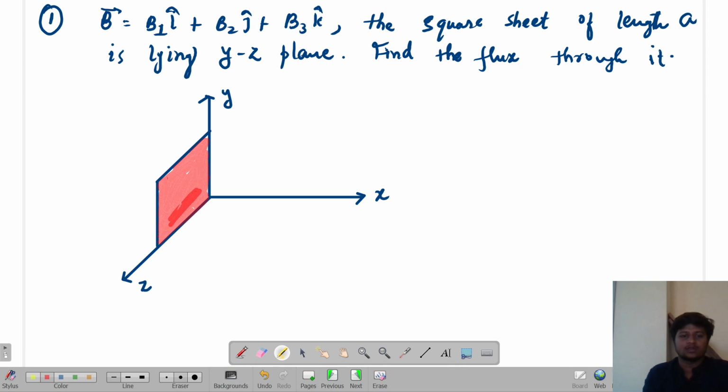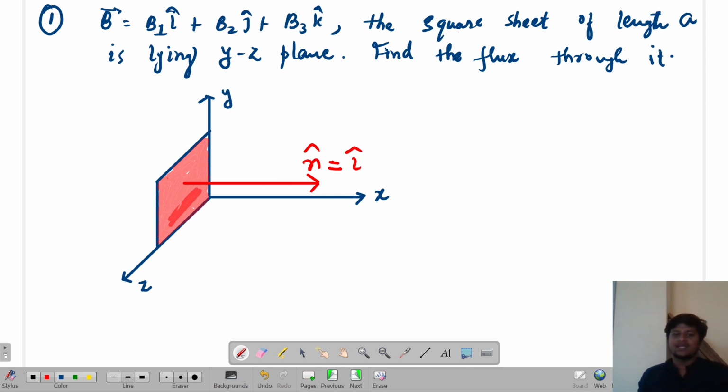Okay, I have done the drawing. Now look over here. If I draw the normal, this normal will be parallel to the x-axis, yes or no? Try to understand. I have told about this trick. If your plane is in the YZ plane, one normal will be along the x-axis. That means n cap will be equal to i cap, yes or no?